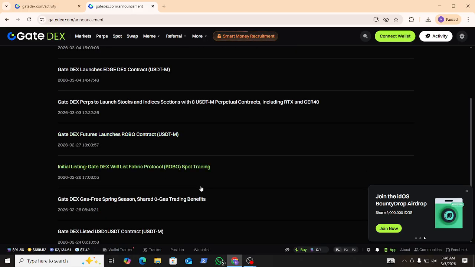Initial listing: KTX will list Fabric Protocol ROBO spot trading.